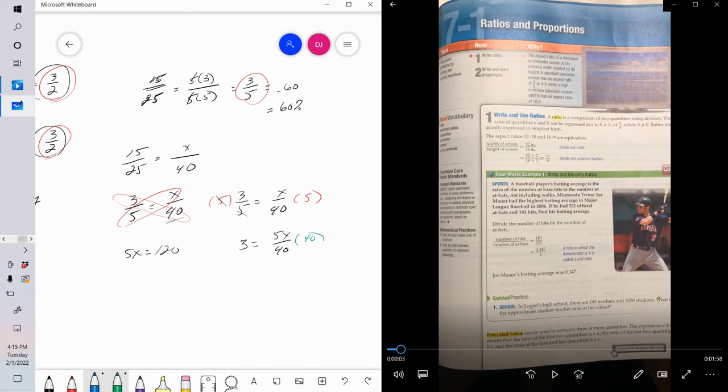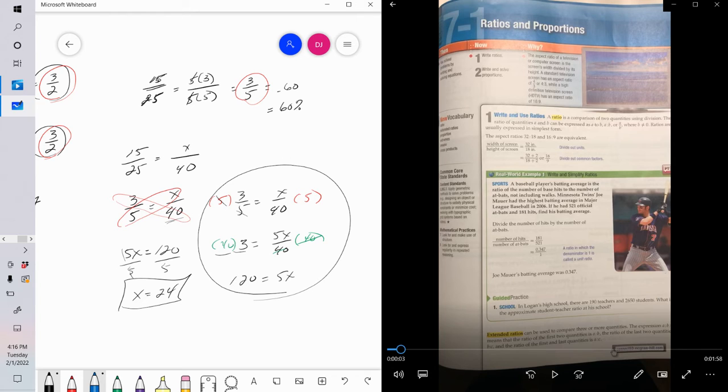Now, if I multiply both sides by 40, the 40s cancel, and I have 5x equals 40 times 3, or 120. So cross multiplication is simply a faster way to plug through all of that algebra. So now, if 5x equals 120, I'm going to divide both sides by 5, and x will equal 24.